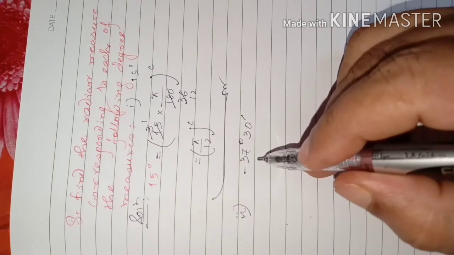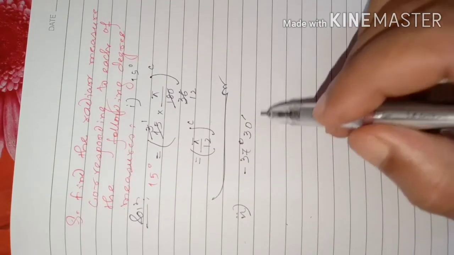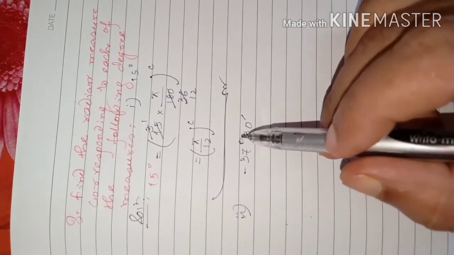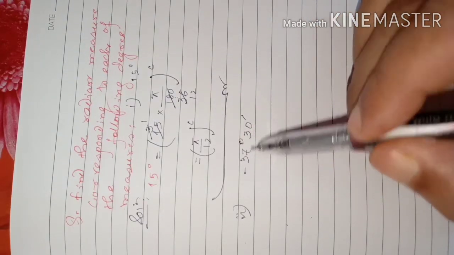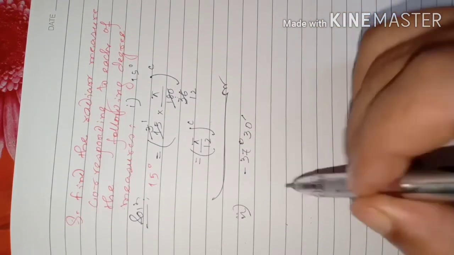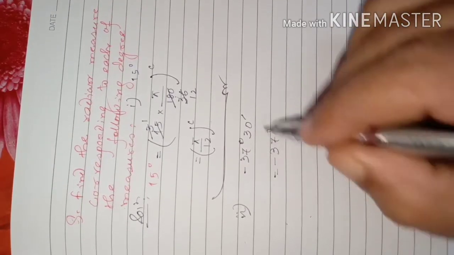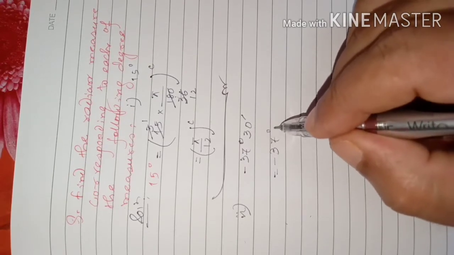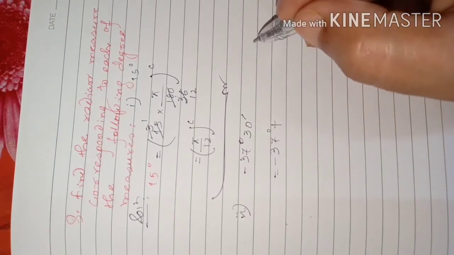Suppose this is the question, minus 37 degrees 30 minutes, and we need to convert into radian. Before multiplying by pi by 180 radian, you convert this whole thing into degrees. The 30 minutes you can convert into degrees, because you know 60 minutes equals 1 degree.